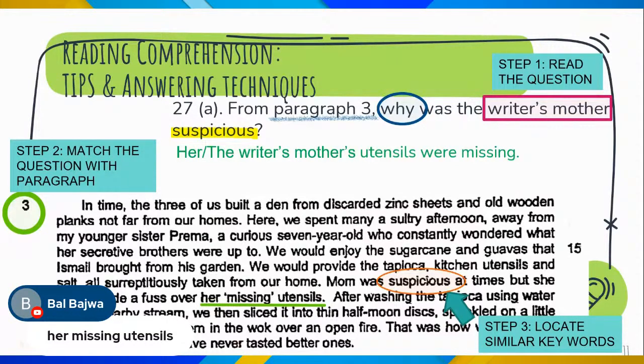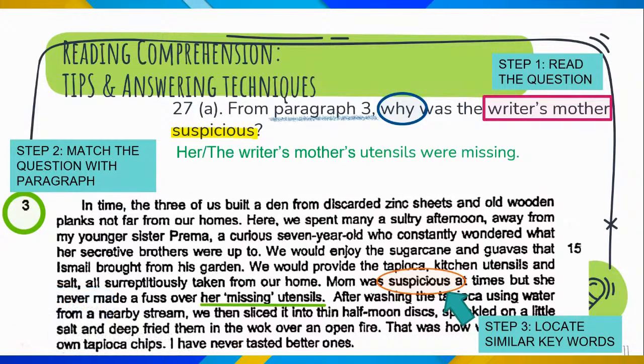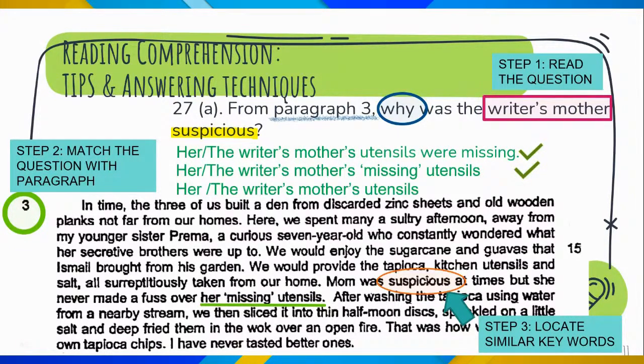Some of you already answered her missing utensils. Good. Again, be careful with your punctuation, your small letter, capital letter, okay? Please be careful with that. Her or the writer's mother's missing utensils, that is accepted. How about her or the writer's mother's utensils only? There's no such thing as missing. Can we accept that, class?